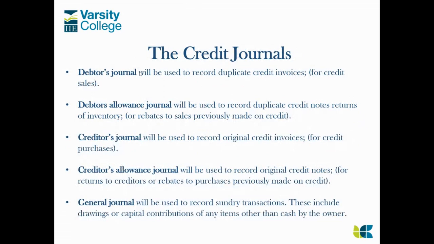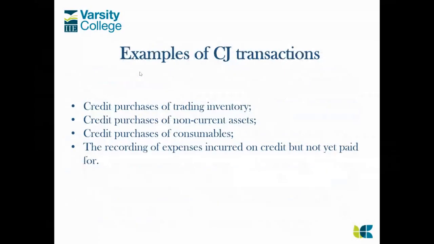Okay, right, awesome stuff. All right, so let's proceed. So those are the advantages and disadvantages, and here we're just talking about the credit journals, which we spoke about a little earlier on. All right, then examples of credit transactions. CJ transactions. Like I said, credit purchases of trading inventory, credit purchases of non-current assets, credit purchases of consumables.